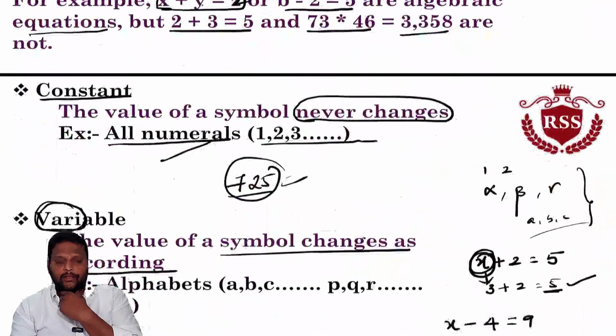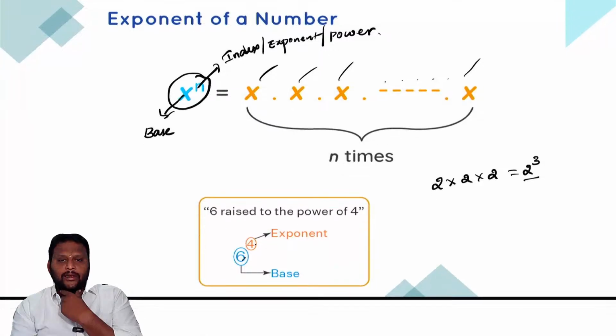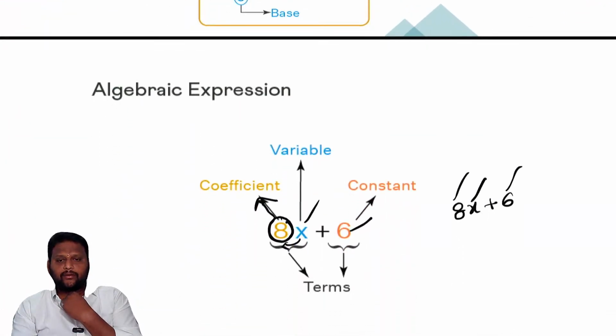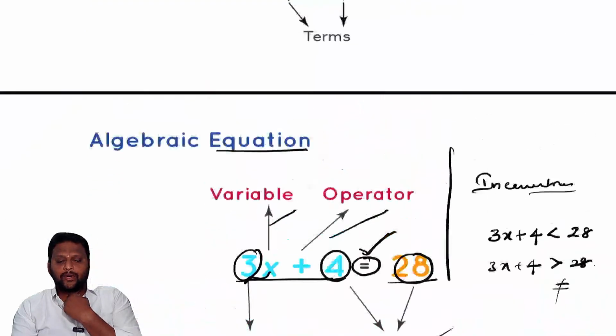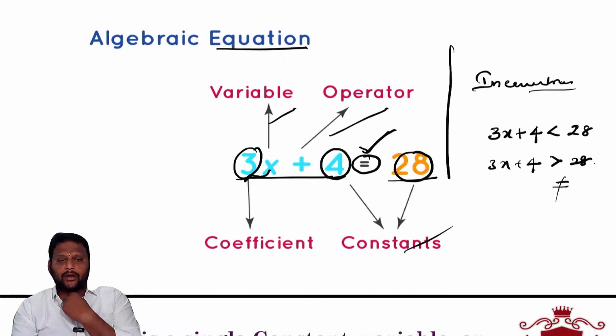We discussed constant, variable, exponent, power, coefficient. We have already discussed all these things. What is the difference between expression, equation, and inequation?